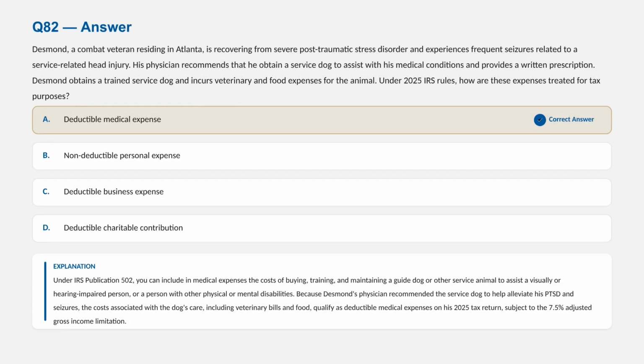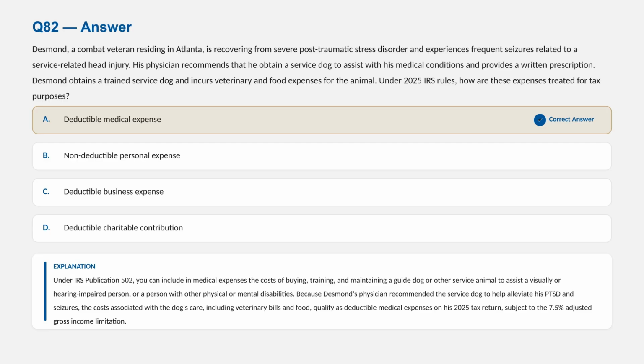The correct answer is A. Deductible medical expense. Under IRS Publication 502, you can include in medical expenses the costs of buying, training, and maintaining a guide dog or other service animal to assist a visually or hearing impaired person or a person with other physical or mental disabilities.